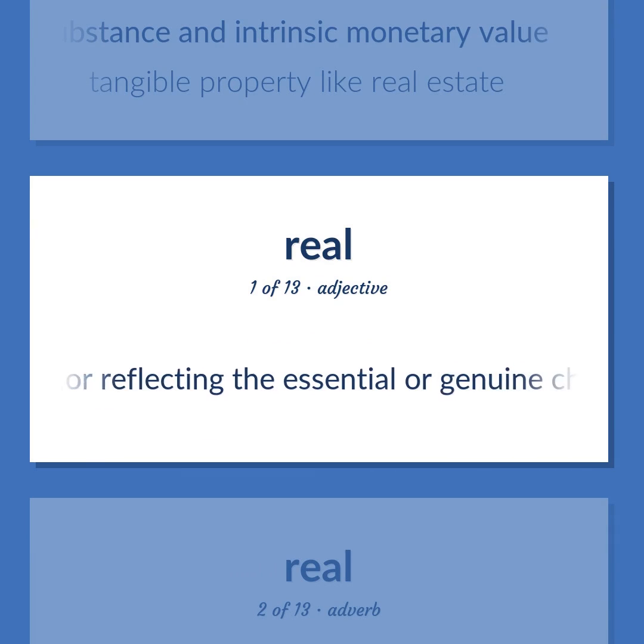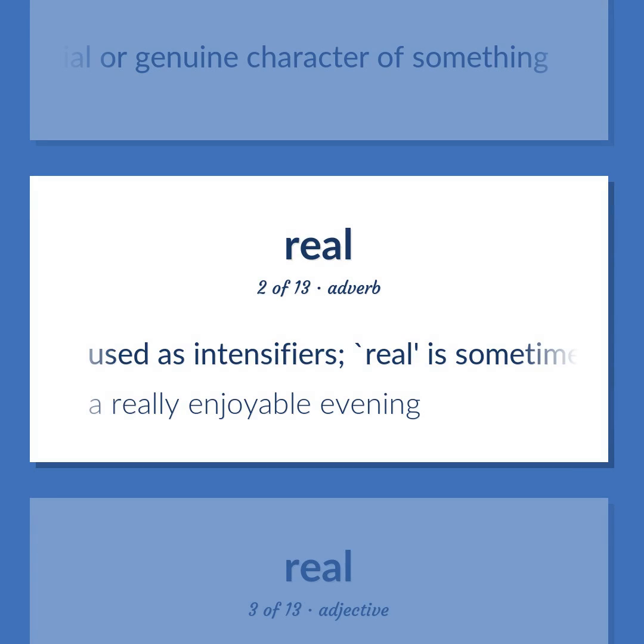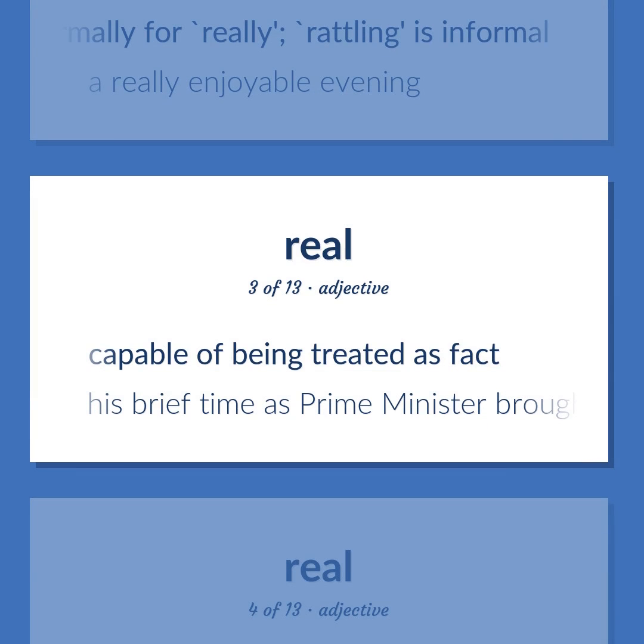Real: being or reflecting the essential or genuine character of something. Used as intensifiers. Real is sometimes used informally for really, rattling is informal. A really enjoyable evening. Capable of being treated as fact. His brief time as Prime Minister brought few real benefits to the poor.